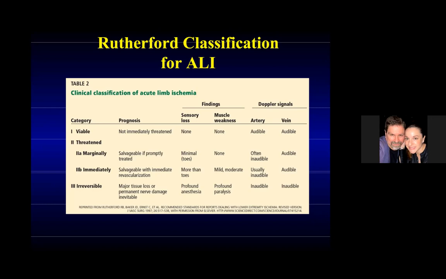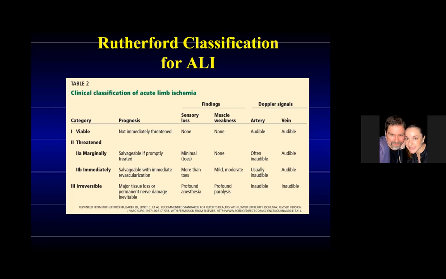So what happens in hyperkalemia? If you have hyperkalemia, you can have an irregular heartbeat. You can actually put your patient in cardiac arrest. Make sense? And then the other thing is that you're going to have myoglobinuria because there is a rhabdomyolysis.